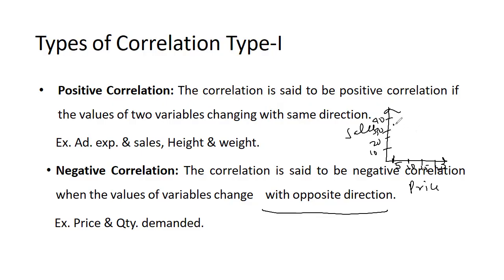If the price is low, at 5 rupees, you may be able to sell 40 units. But when you increase the price from 5 to 10, your sales will decline. So this is an opposite direction or inverse relationship between the two variables. The example is price and quantity demanded. If you increase the price, your sales will decrease.